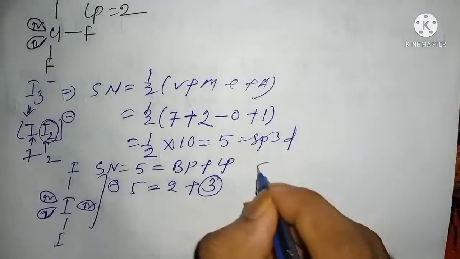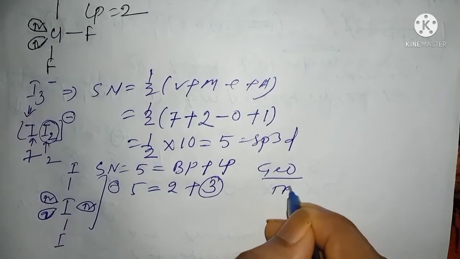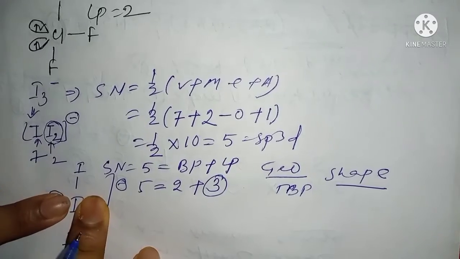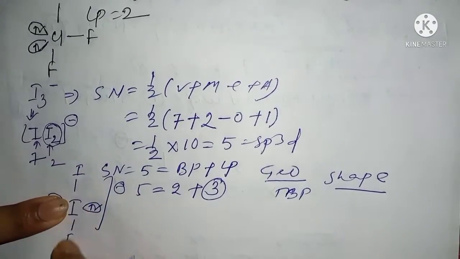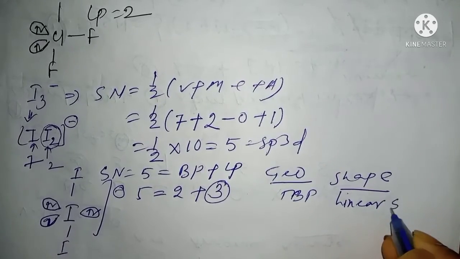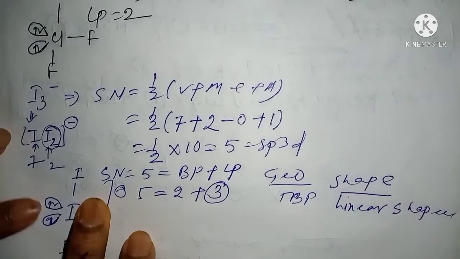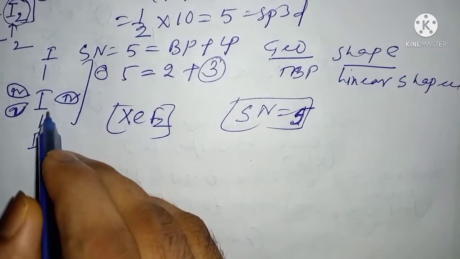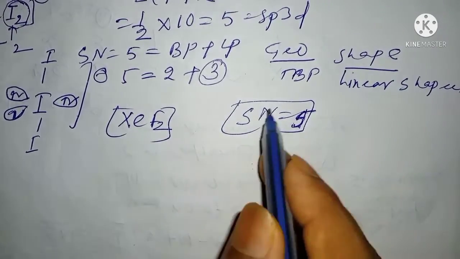And geometry is TBP, but for shape we do not consider lone pair. This is the I shaped, this is linear shaped. XeF2 is similar to I3 minus. So we will try, and this is all about steric number equal to 5.